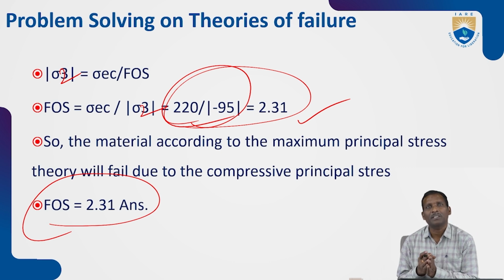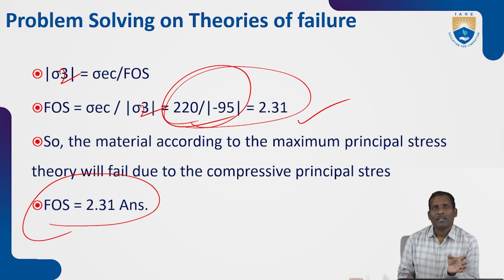According to this theory, if the stress occurring due to the principal stress is less than the stress at the simple tension test, then failure will not occur.